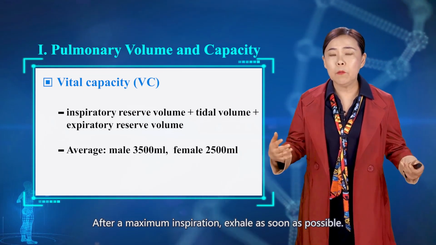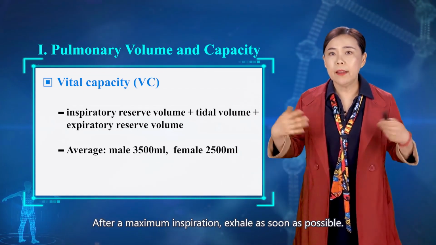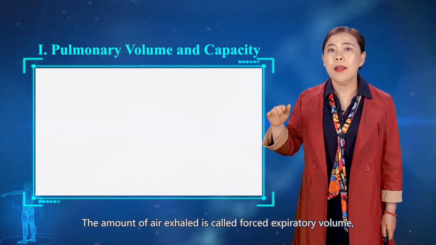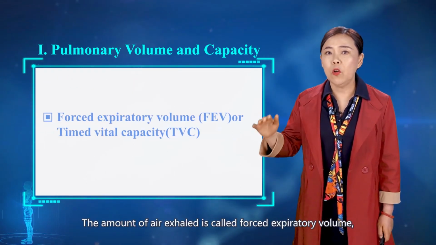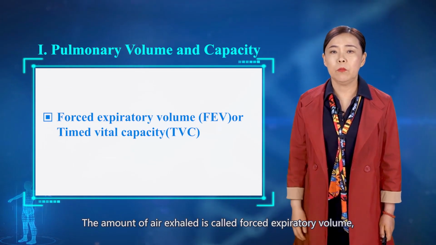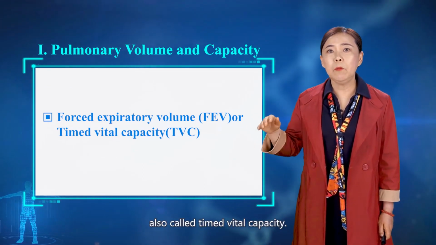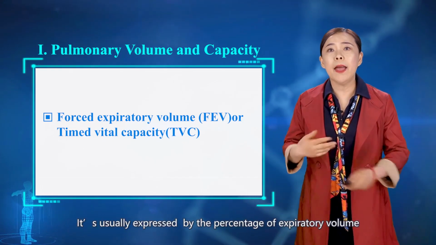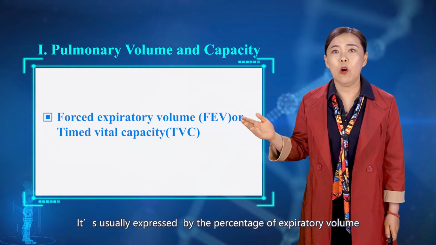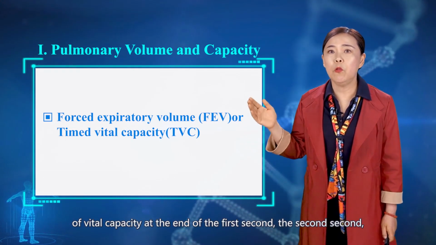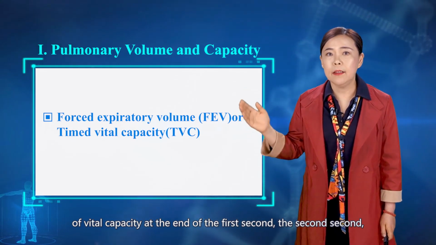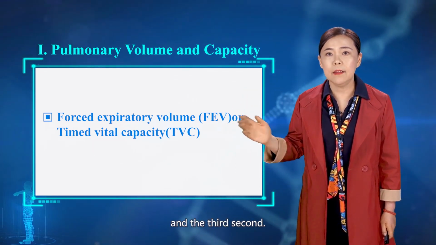After a maximum inspiration, exhale as soon as possible. The amount of air exhaled is called forced expiratory volume, also called timed vital capacity. It's usually expressed by the percentage of expiratory volume of vital capacity at the end of the first second, the second second, and the third second.